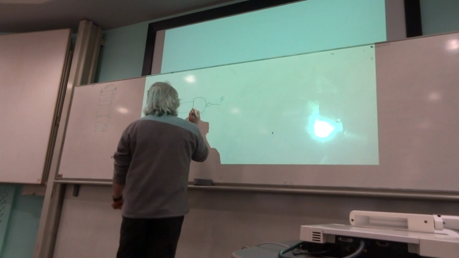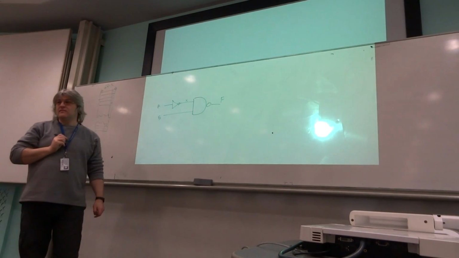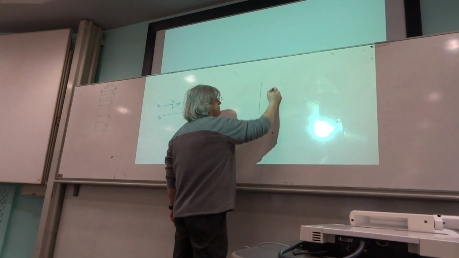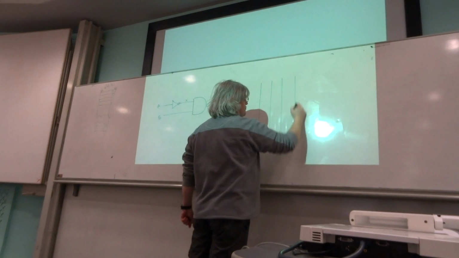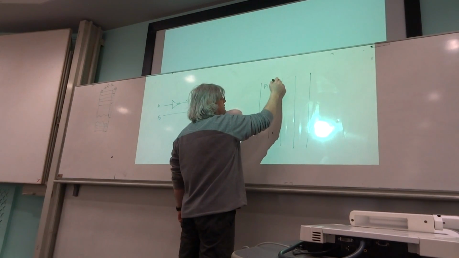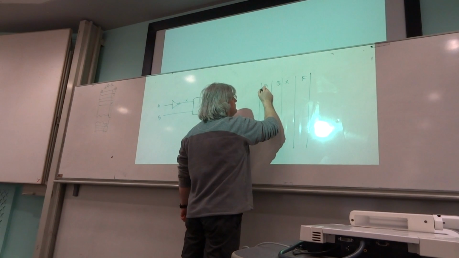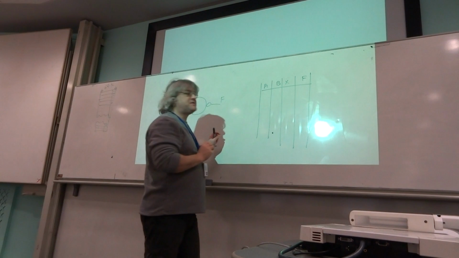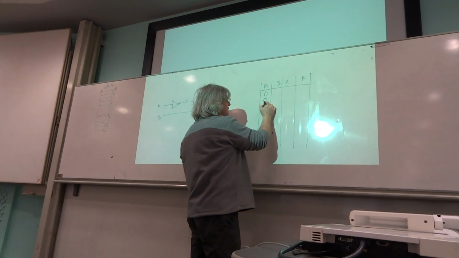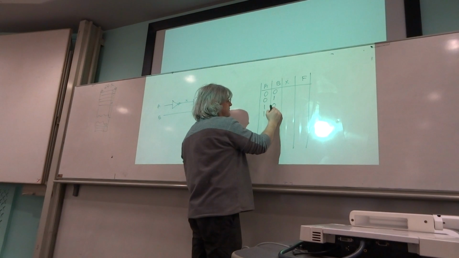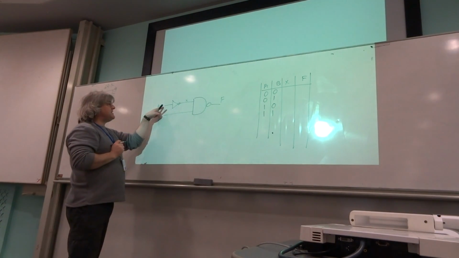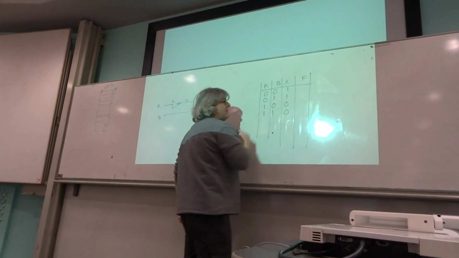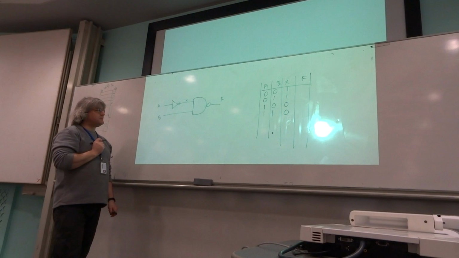And let's do the truth table for this circuit. So we've got A, B, X, and F. There are only 4 combinations of A and B, so let's just get those out of the way. X is just the inverse of A. Okay, so far so good.